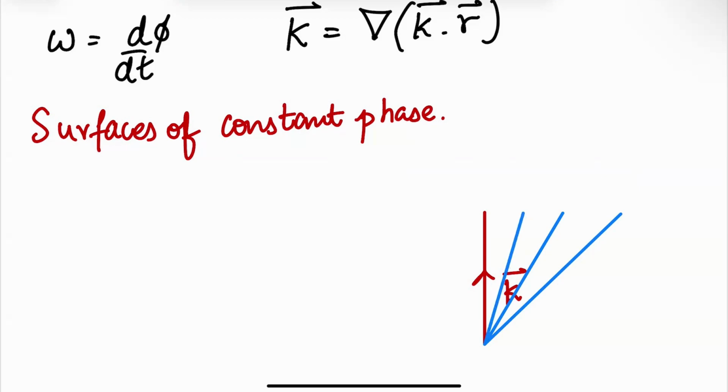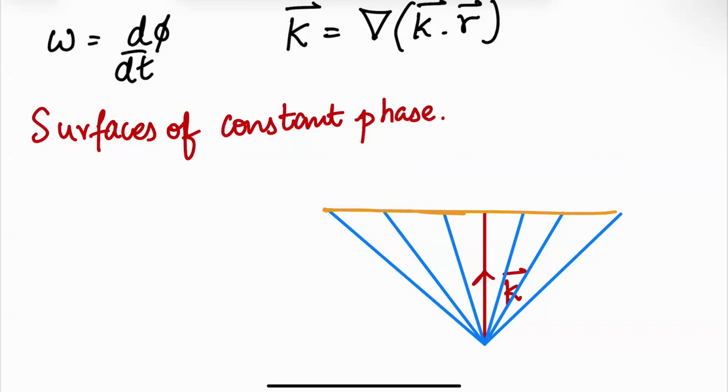Because their projections onto k all have a constant value. When you project all of these vectors onto k, you get the same value, and these vectors lie on this surface, which is normal to k. So there is a single surface normal to this k vector, and all position vectors that lie on that surface have the same projection onto k, which is the same k dot r value.